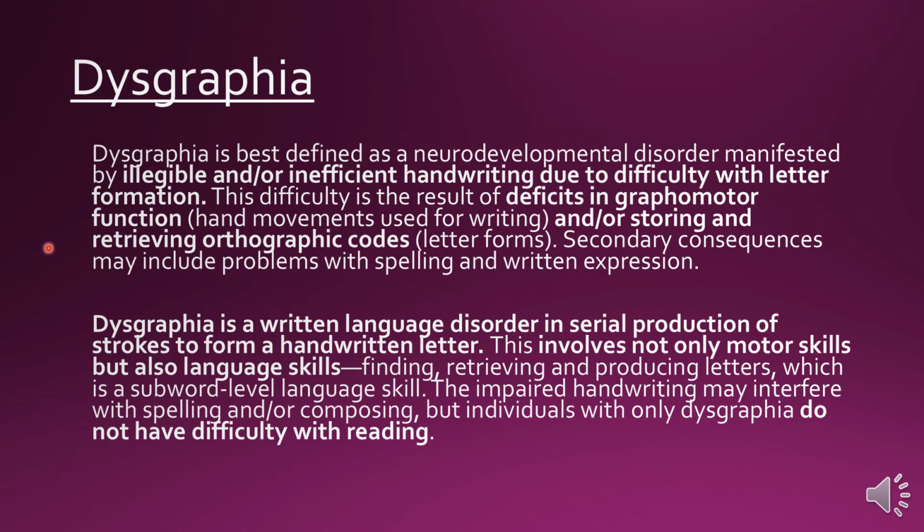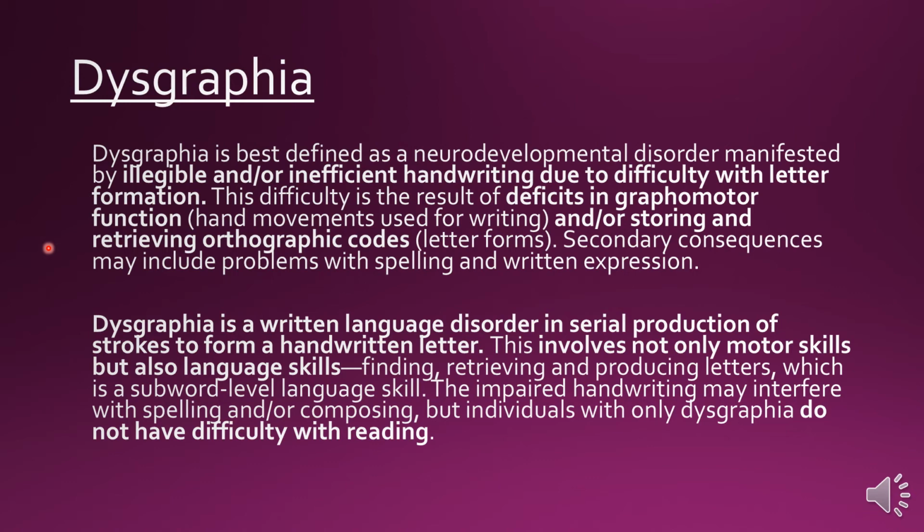There's still a lot that we're learning about dysgraphia. It's still sort of new, and there's a lot of conflicting information out there about it. What we do know is that a lot of what people think of as dyslexia really is more dysgraphia. It's a written language disorder in the serial production of strokes for handwriting letters.